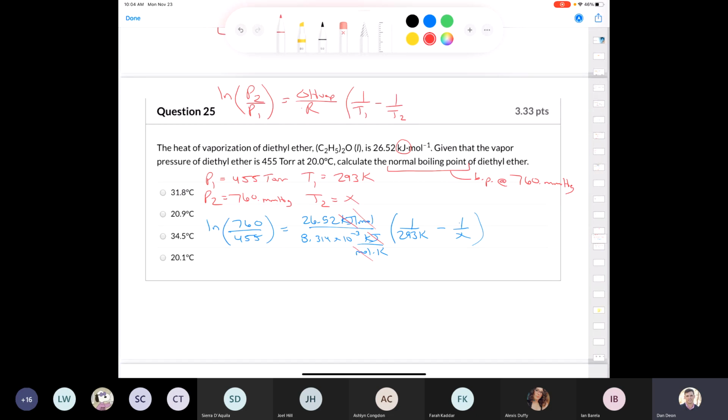We're left over with Kelvin. I already went ahead and did all the algebra on this one, and you end up solving for X, which is equal to T2, is 307.7 Kelvin, which is the same thing as 34.5 degrees Celsius. So that's our T2, 34.5 degrees Celsius. Clausius-Clapeyron equation, again, make sure you are able to use this formula.